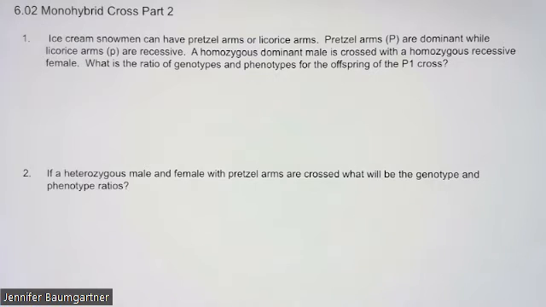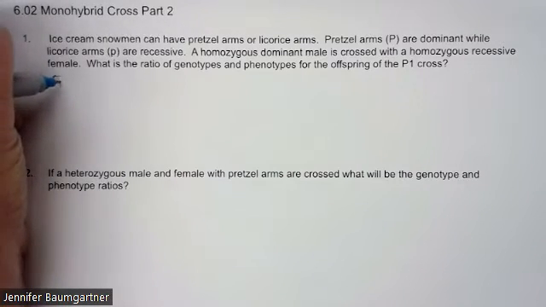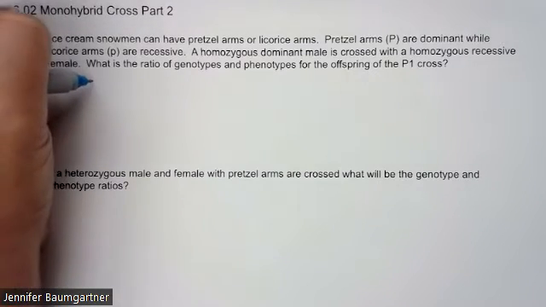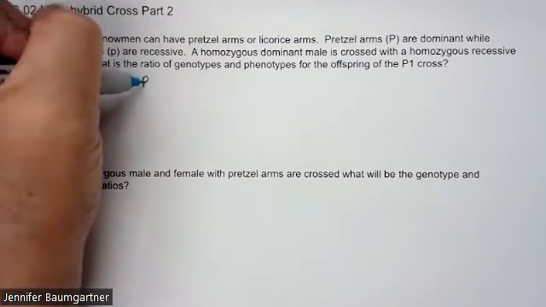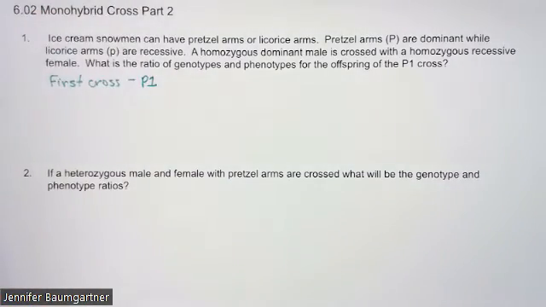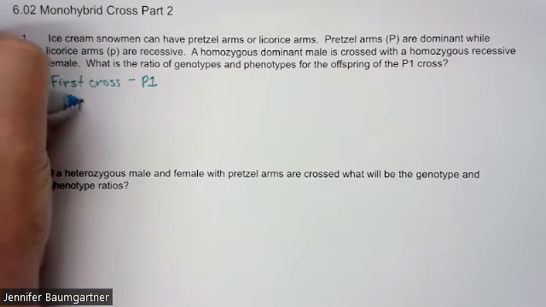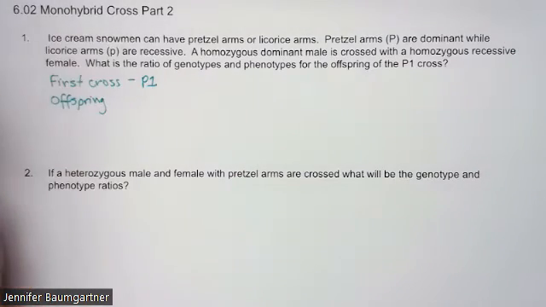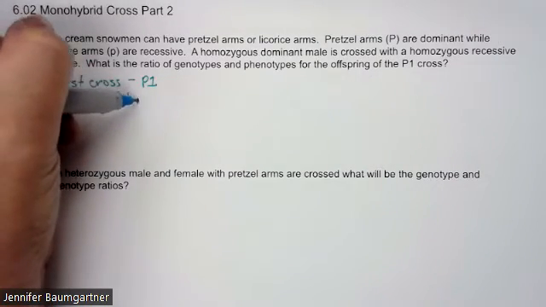Now we're going to see later there's exceptions to that rule, but for now we're going to assume everything is completely random. So we call the first generation, the first cross, the parental. You can think of it as parental, but this is going to be the P1. And then we have the offspring. The word in Latin for offspring is filial.